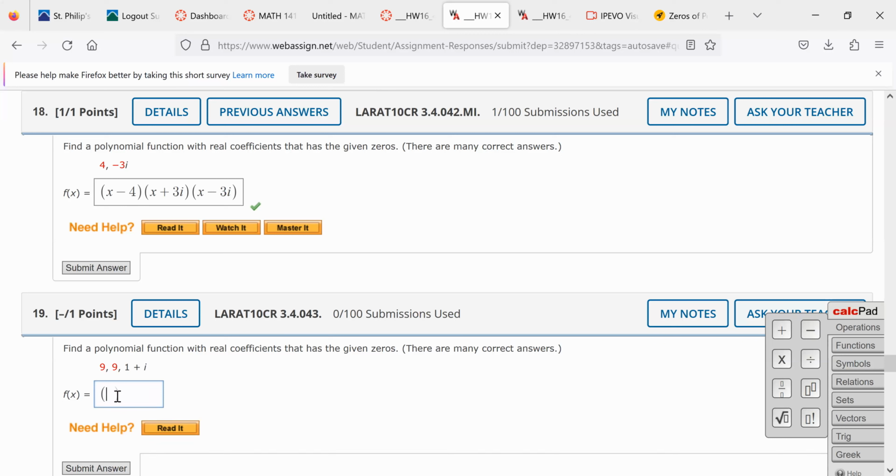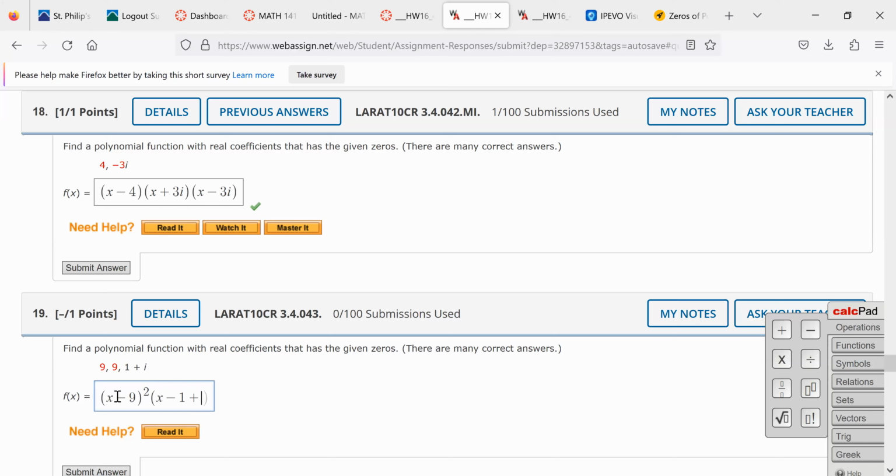So over here we have 9 twice, so that means we have x minus 9 two times. x minus 1 plus i, which technically should be written like this: x minus 1 minus i.